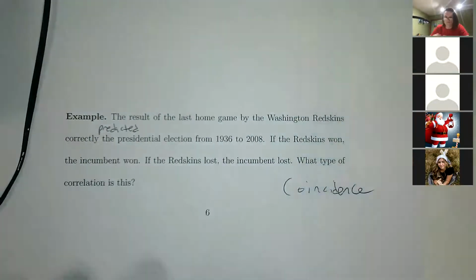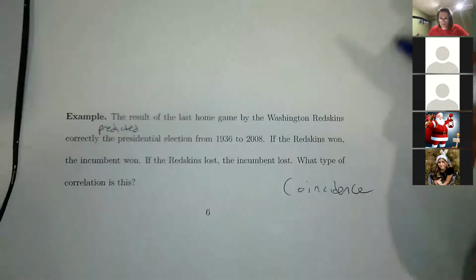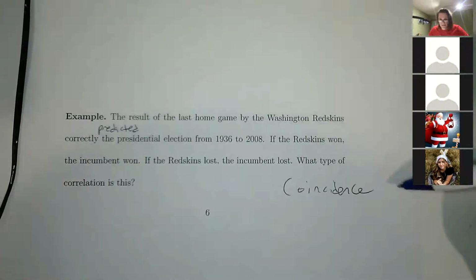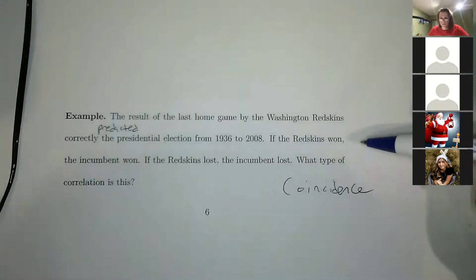I mean, you could be a conspiracy theorist and somehow think that the Redskins... this is why conspiracy theories exist, because people don't understand coincidence, or they don't want to think that coincidence can be a possibility for causing some correlation. It's wildly unlikely, right?